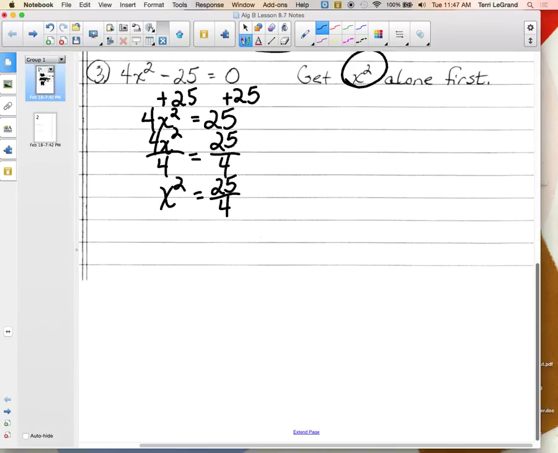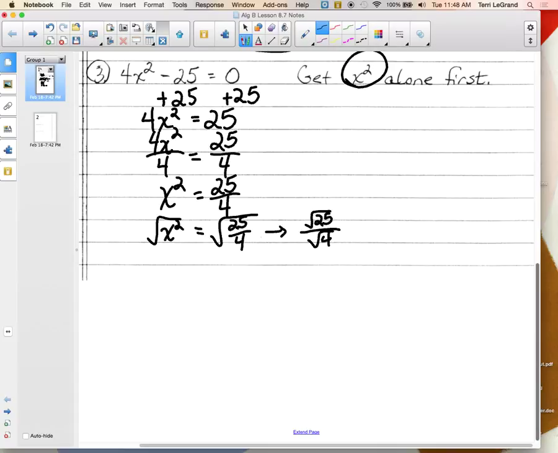So we're going to take the square root of x squared. And what are we going to do with that fraction? Take the square root of each of the parts of the fraction. Remember, we can take that 25 and give it its own radical sign, and take that 4 and give it its own radical sign.